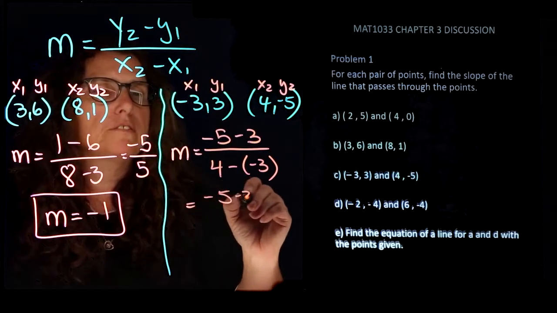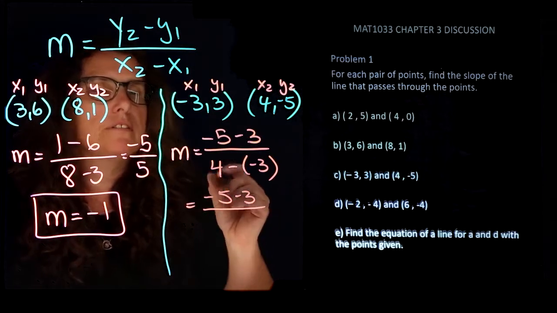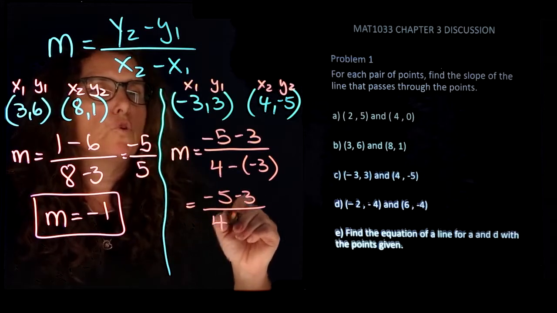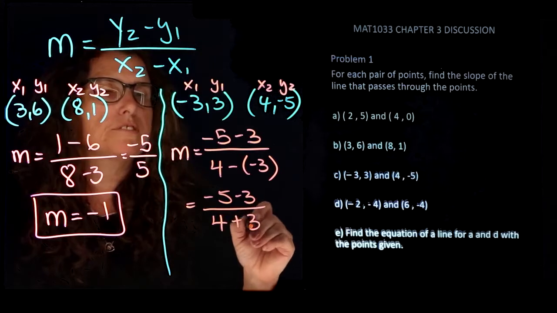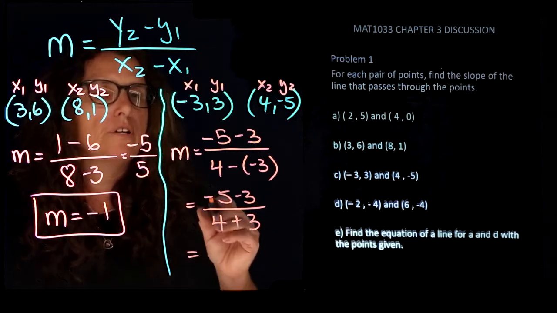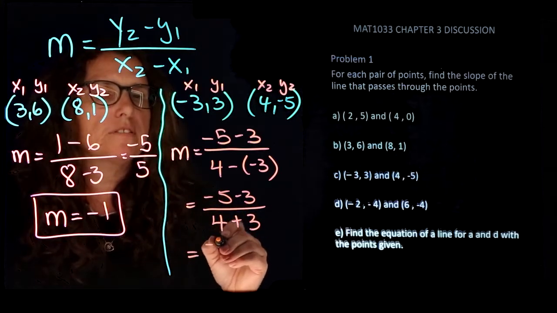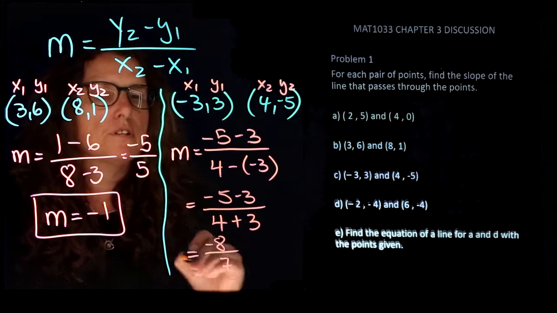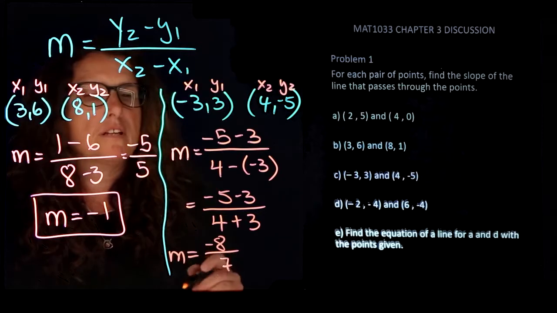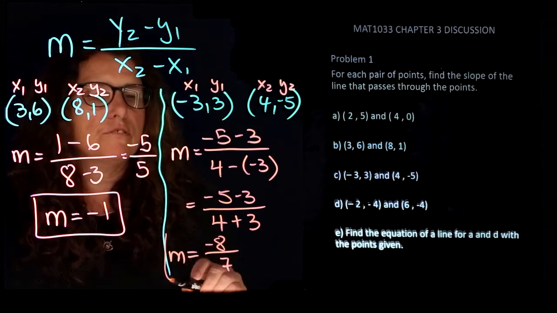Negative 5 minus 3, let me rewrite it. That is 4 minus a negative 3, and a negative 3 changes into plus 3. Be careful. So negative 5 minus 3 is negative 8, and 4 plus 3 is 7. So your slope in this case is negative 8 over 7.